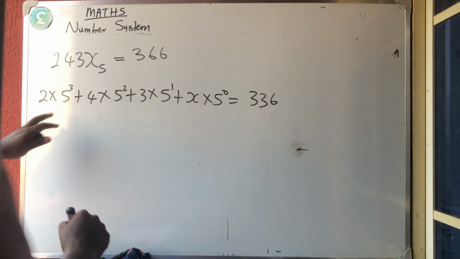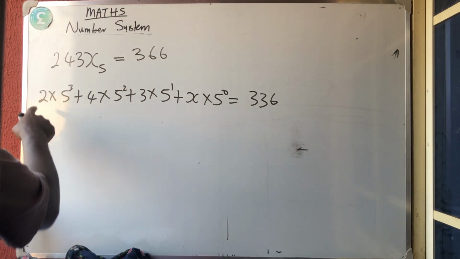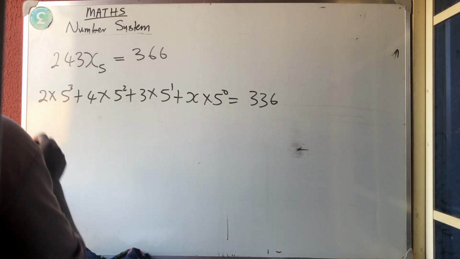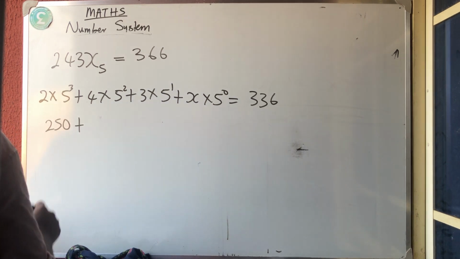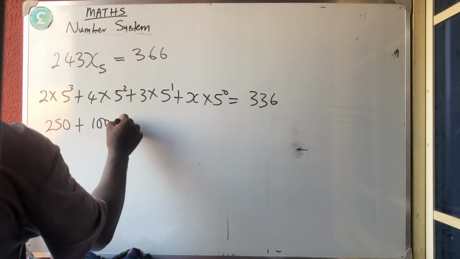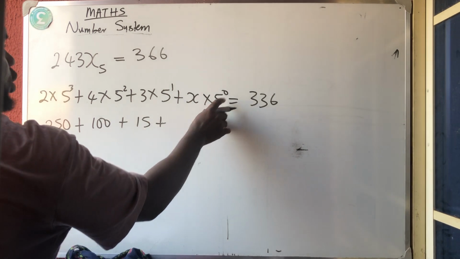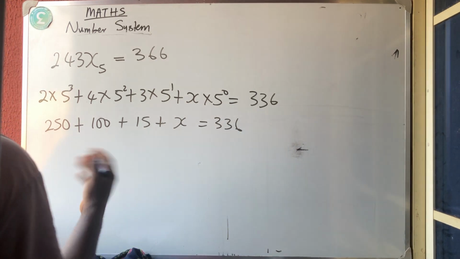So what do we have? This is 125. 125 times 2 will give you 250. Here is 250 plus 25 times 4 is 100. 100 plus 15, plus anything raised to power 0 is 1, 1 times x is equal to 336. So collect items.